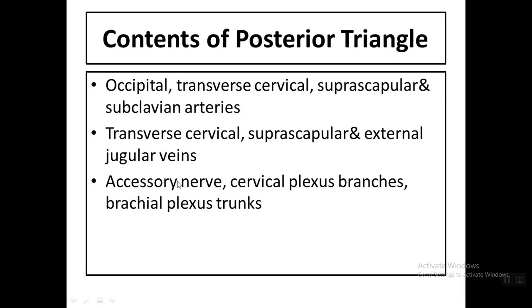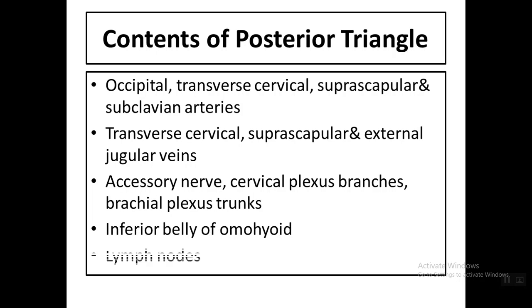Nerves: we have the accessory nerve, cervical plexus branches, and the brachial plexus, we can say roots and trunks. The inferior belly of the omohyoid muscle is also regarded as one of the contents of the posterior triangle that divides it into upper and lower triangles, and there are certain lymph nodes.